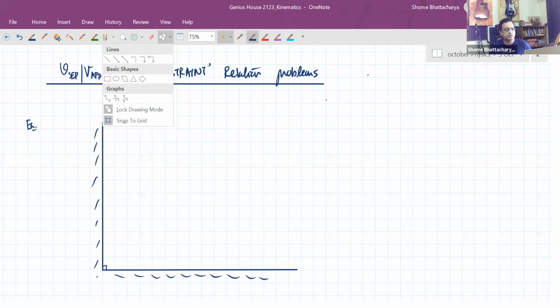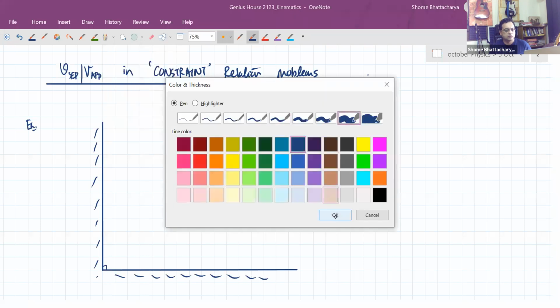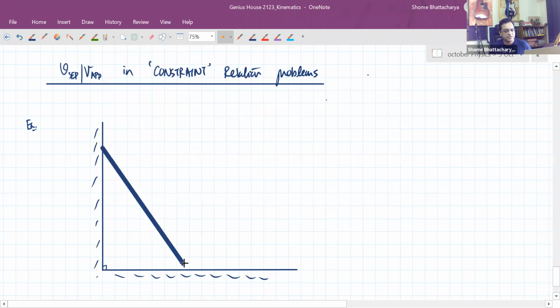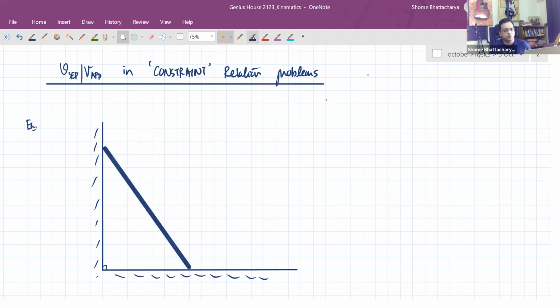Now what we have done is we have taken a rod, placed it somewhere over here. So this is a rigid rod of length L.